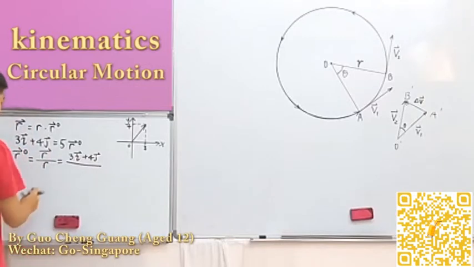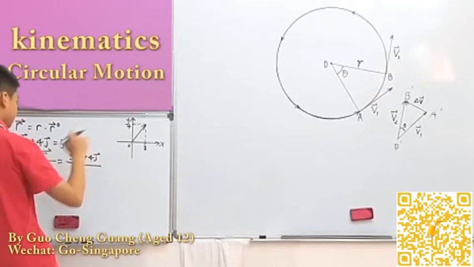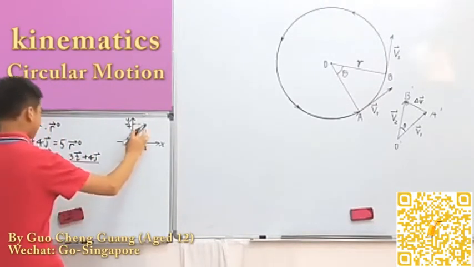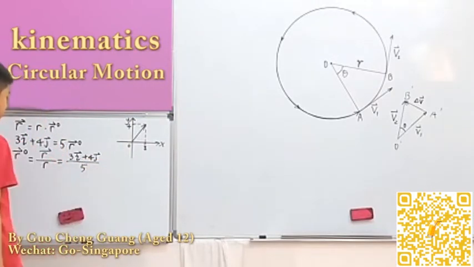Then afterwards, r. From this part, we're only taking down the value. That means what we get is the 5. So that's what we have here. Alright.